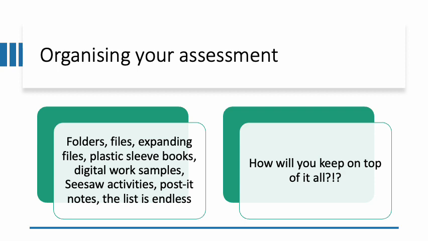Some people use plastic sleeve books and have something for every child and so on. You will have now, as you start to use a lot more of them, lots of digital work samples. Fantastic, because a lot of them will be automatically date stamped. You might have lots of Seesaw activities, and again, they'll be date stamped, so you've got ideas of how the children have gone all the way through the year level.